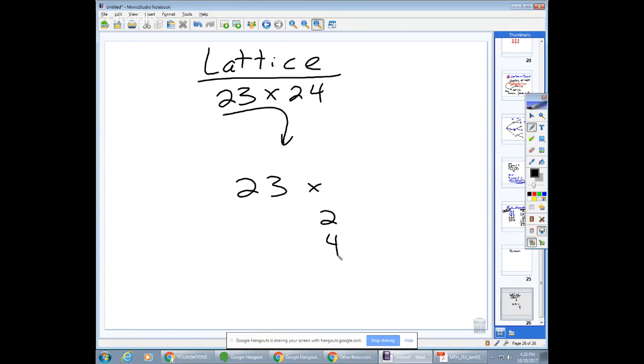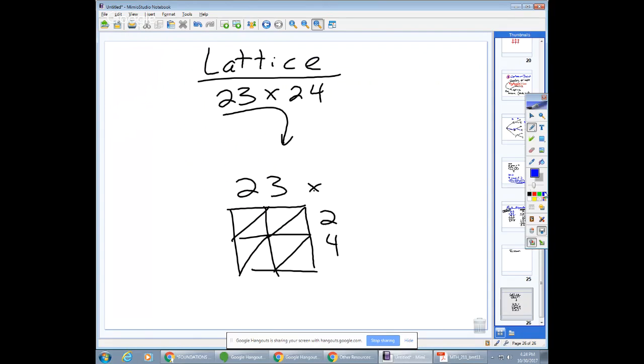That lets us create a box inside. Each number needs a column for the 23 and a row for the 24. Then, from the times, coming from the upper right to the lower left, I put diagonals through each box. So there's my lattice.